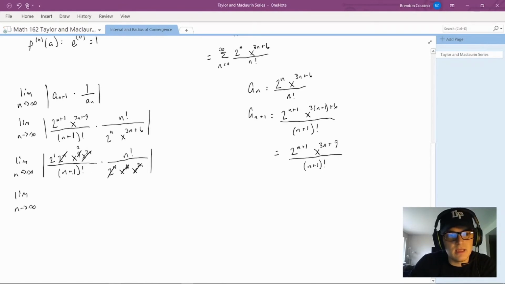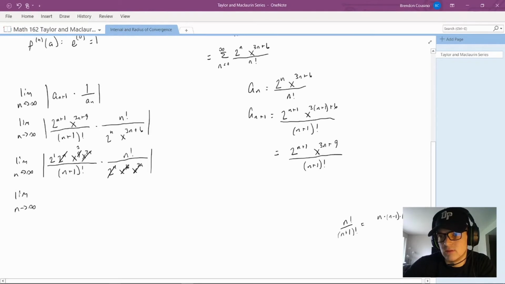And then this n plus 1 factorial, I'll go ahead and write out this factorial here. So if I have n factorial over n plus 1 factorial, this is equal to n times n minus 1 times n minus 2, and so on, right? And then this one is going to be n plus 1 times n minus 1 times n minus 2.